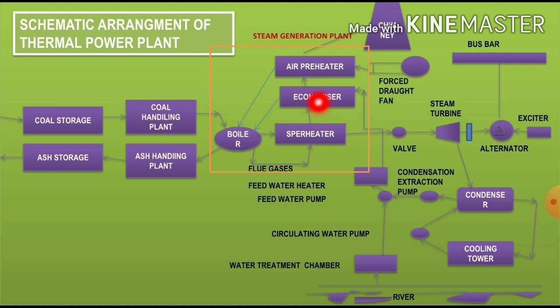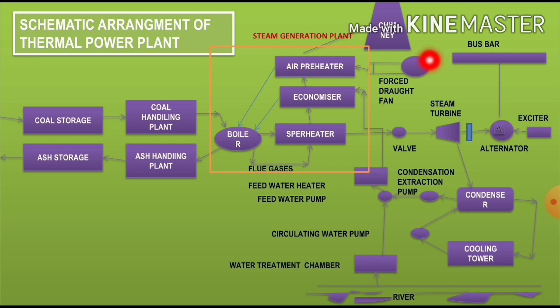Then coming to the air preheater, an air preheater increases the temperature of the air supplied for coal burning. It also derives heat from the flue gases. Air is drawn from the atmosphere by a forced draft fan and is passed through the air preheater before supplying to the boiler furnace.